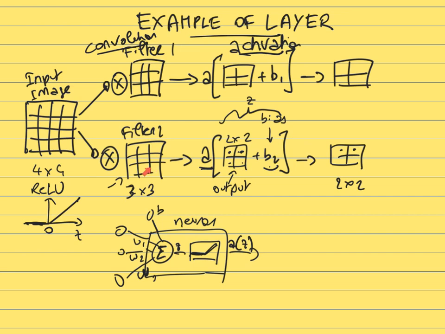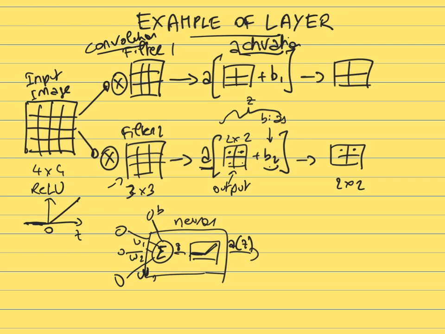If the filter has not detected anything, then it's not going to be activated, and this is just going to be 0. Each of those new grids corresponds to a new feature that is transmitted to the rest of the network if this pattern has been detected in the image somewhere.